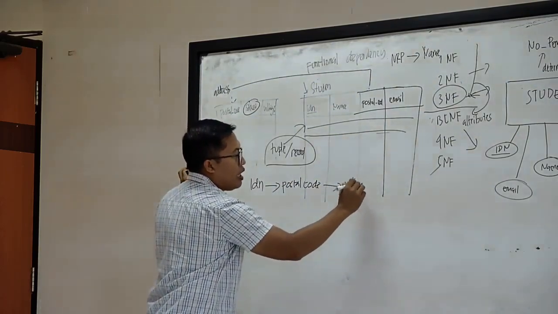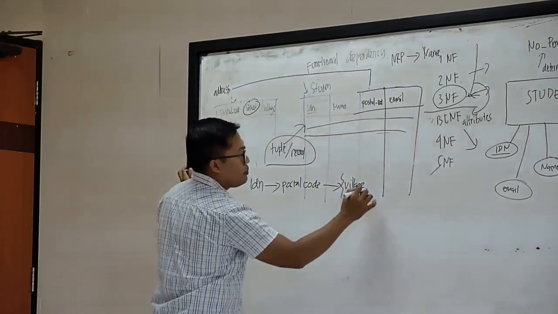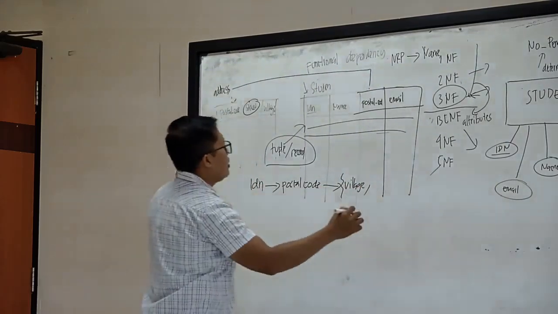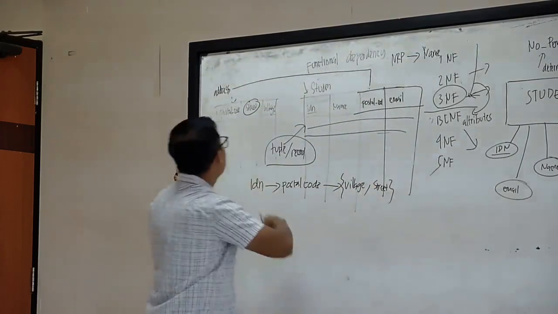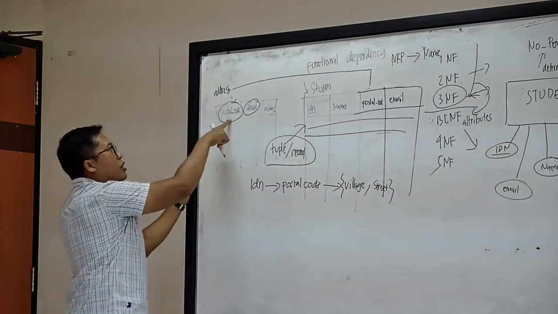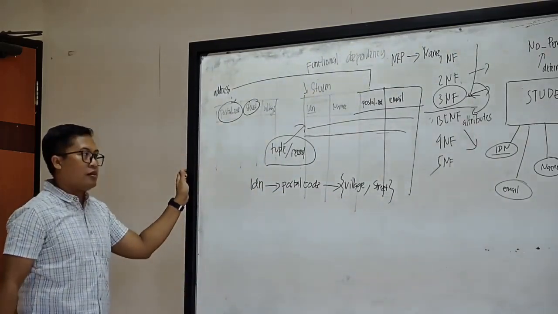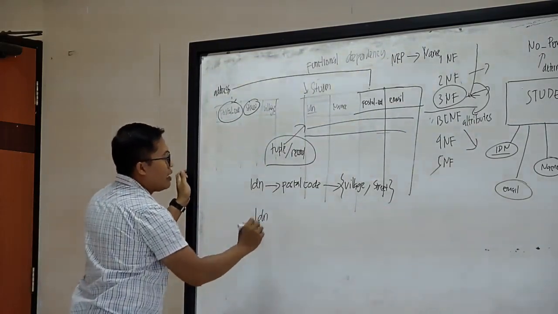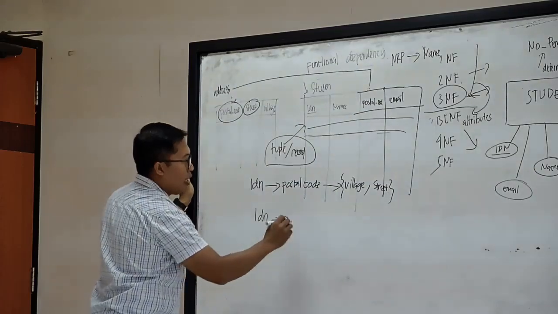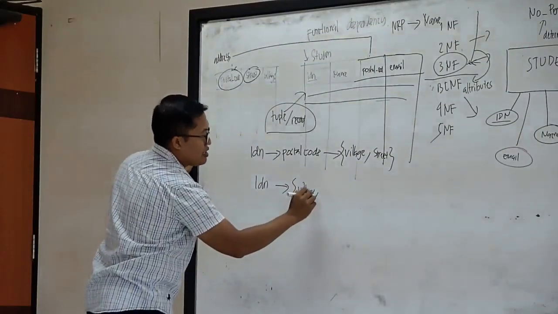Or maybe we have more than one attribute, we can use the curly bracket: village and maybe street. We don't need to put the post output again in the dependent. So maybe we can say that IDN will determine the village and street.